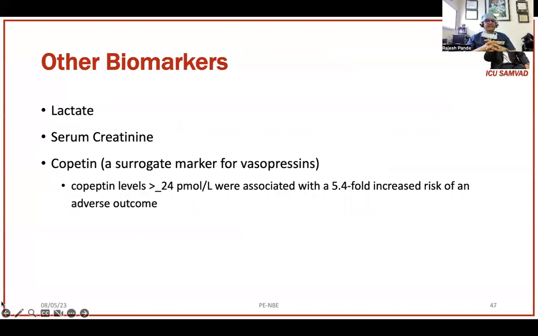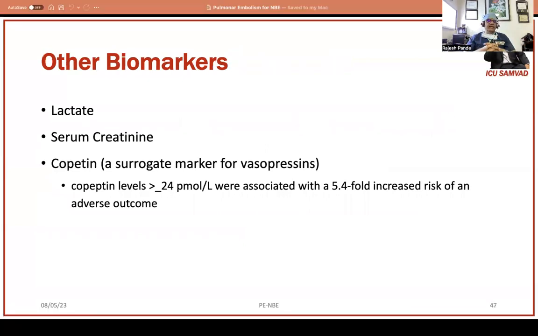Other biomarkers are lactate, but lactate could be high in shock and other conditions. So this is not a specific biomarker. This has to be treated like in any intensive care unit patients, critical patients we are using, not specific to pulmonary embolism. Serum creatinine, so the patient may go into AKI because of shock. So serum creatinine may be increased.